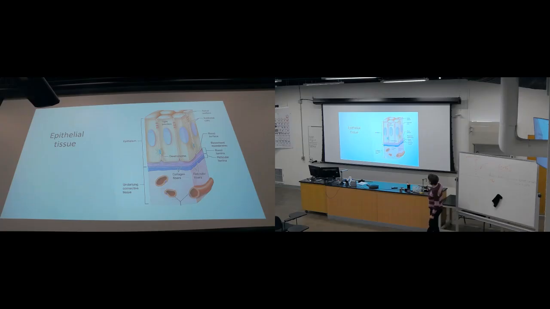You don't see any blood vessels here, but you see them in this underlying connective tissue. So this tissue is avascular, while this tissue is vascular. Now, what type of epithelium is that? What is the name? Look at the number of layers of cells and the shape of the cells. So how would you call it?